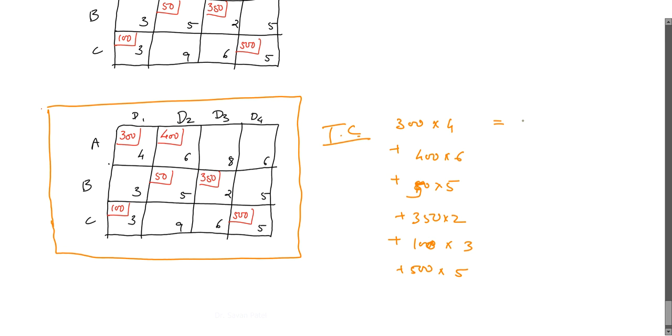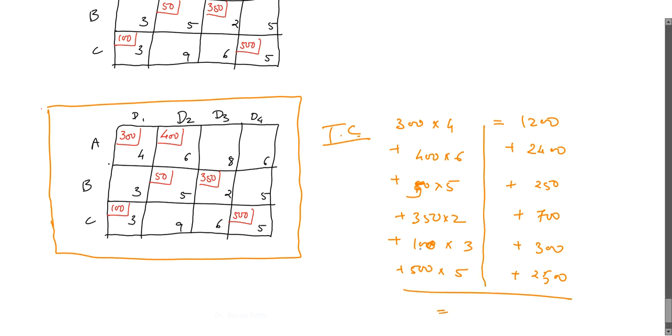That is 1200 plus 2400 plus 250 plus 700 plus 300 plus 2500, which is equal to 7350.